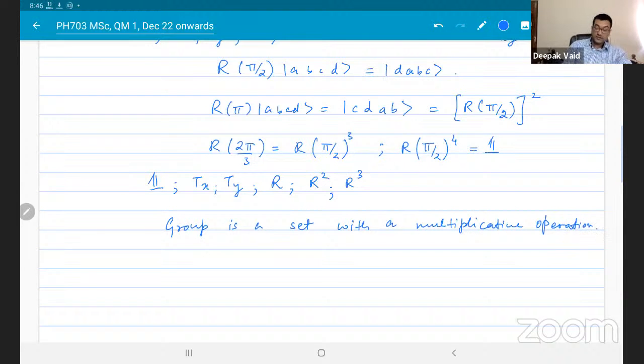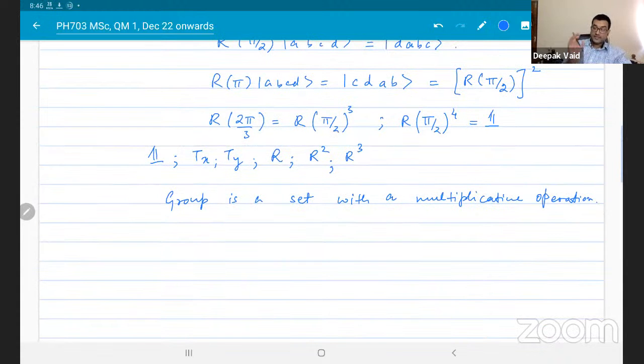Okay. So it has some operator which is called a multiplication, such that if you take any two elements of the group, then you take the product of these two elements, that also gives you another element of the group.